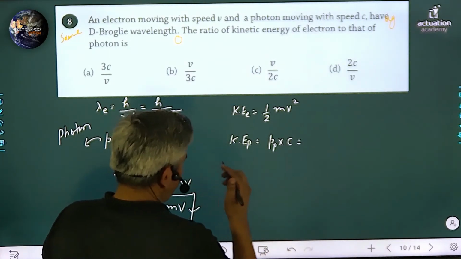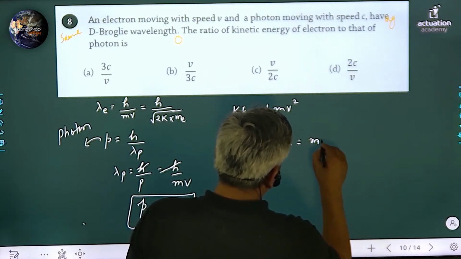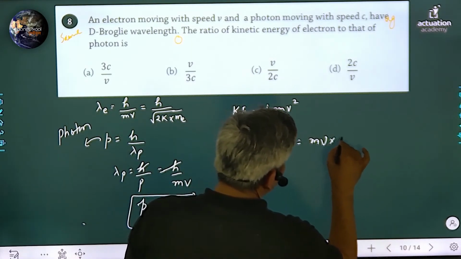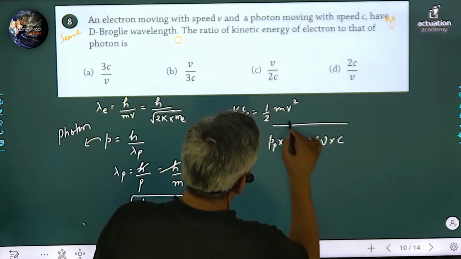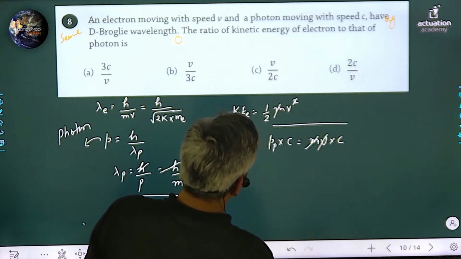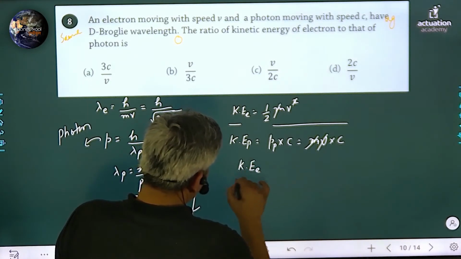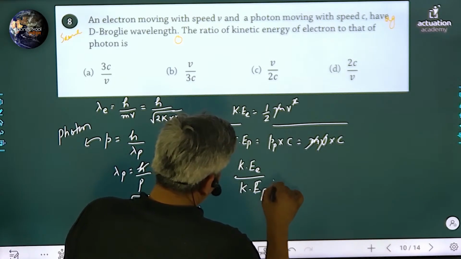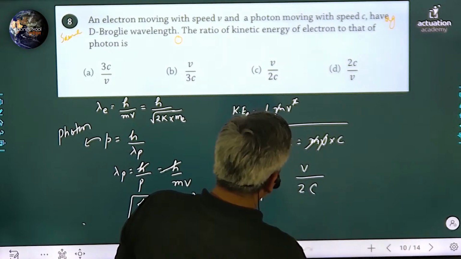Okay, that can be written as mv, because photon momentum is still mv, into c. Now if we take the ratio of both, v will cancel out. This will become kinetic energy of electron to kinetic energy of photon is equal to v by 2c.